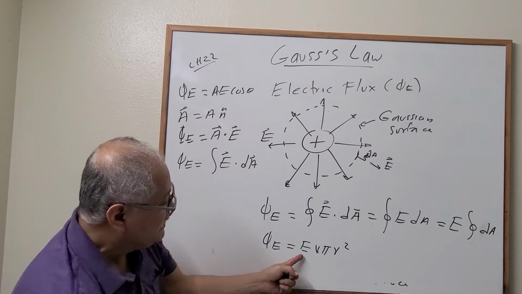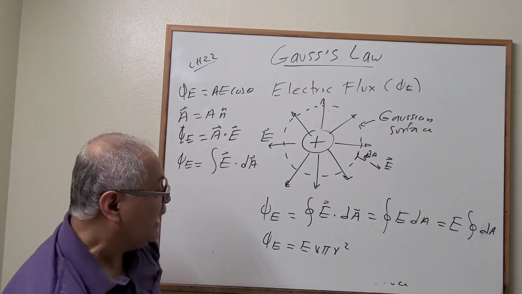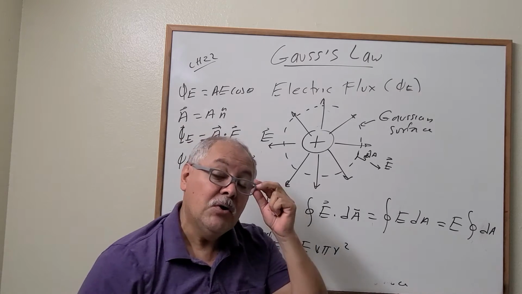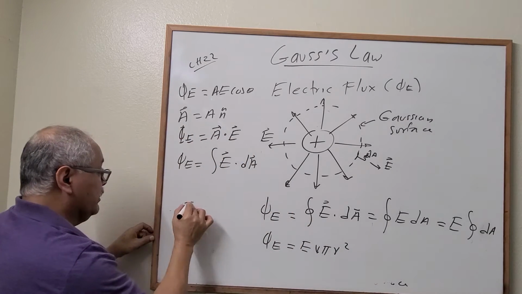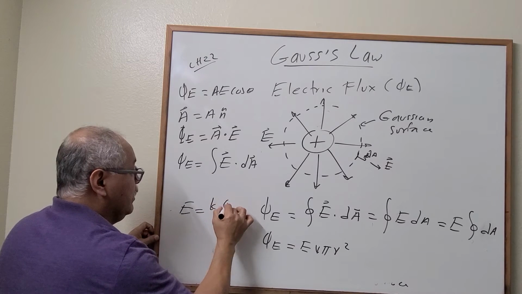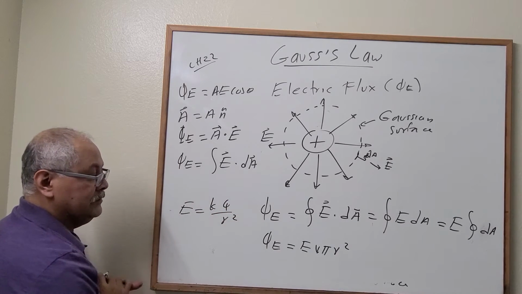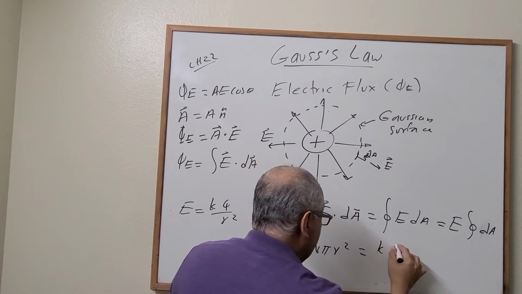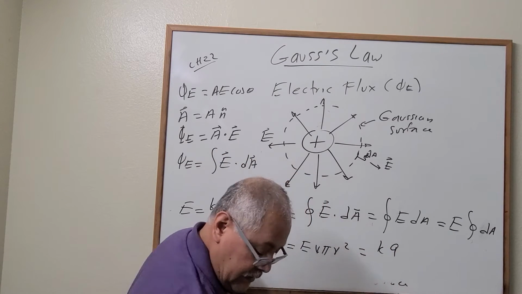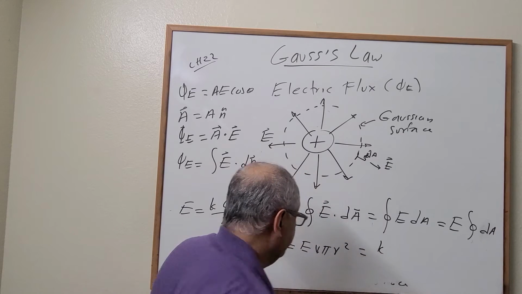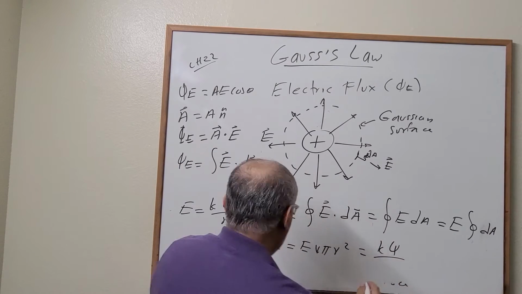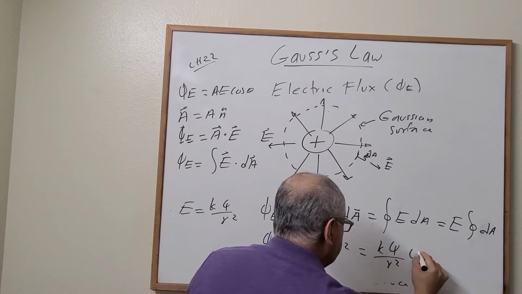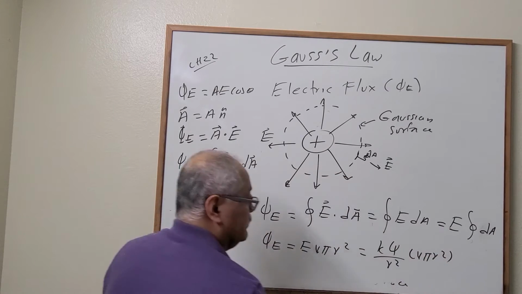When we are dealing with point charges, we know that the electric field for a point charge is equal to kq over r squared. So this is equal to kq over r squared times 4 pi r squared.